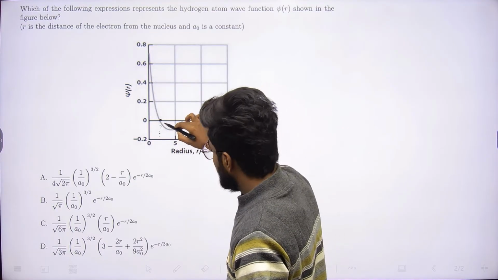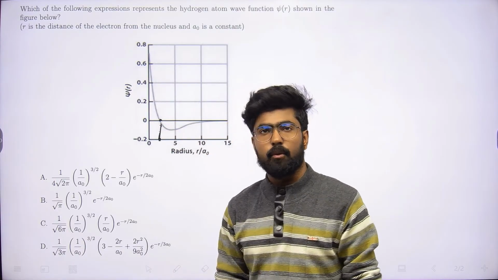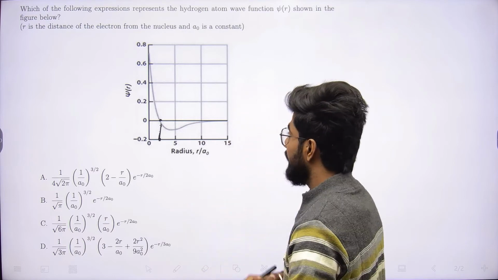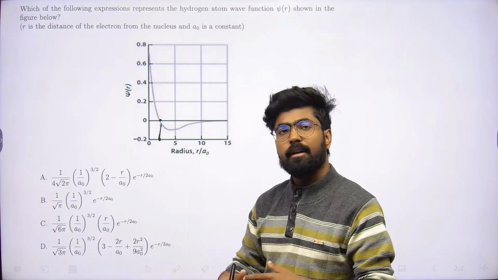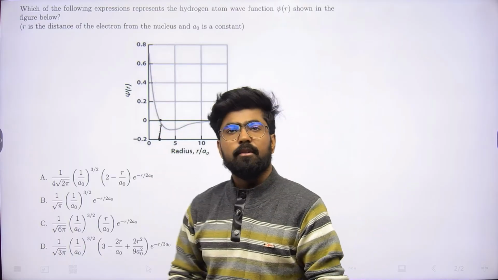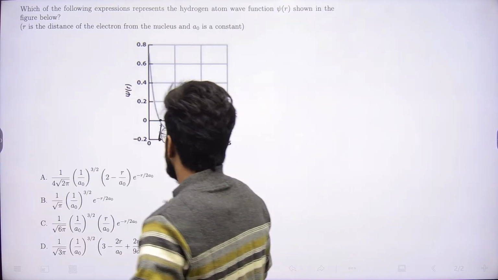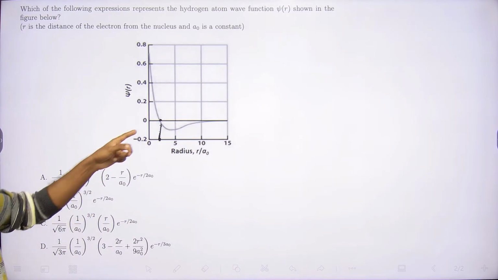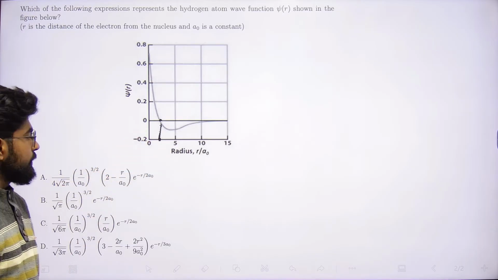It means that it is a radial node, and for the value of r by a naught where the radial node exists, the psi will give 0 value, and vice versa. So if any of these equations belong to this graph, then they must give 0 value for some value of r by a naught.